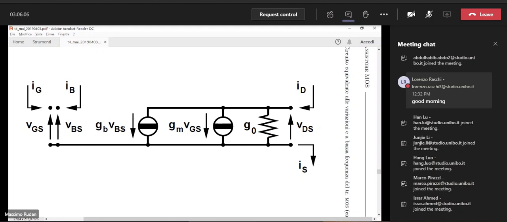If we short the bulk and source contacts to avoid the body effect, we impose VBS equal to 0, and of course this current will be 0, so we open this generator if we short the bulk and source contacts.